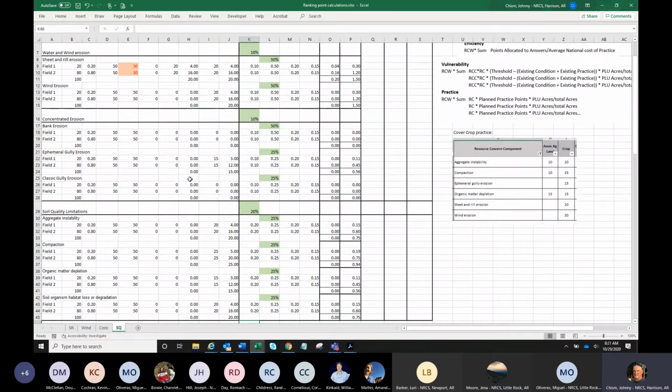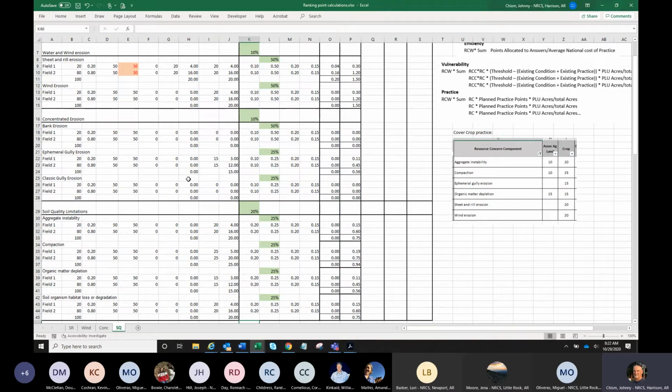In most cases, some offices say, well, I'm only going to do a couple because those are the ones he's wanting to address. And then maybe they do that for everything, but all of a sudden there's one of those applications that also has a CSP, which means they have to assess more resource concerns. And when they do that, it increases the score of that one where they assessed more resource concerns.